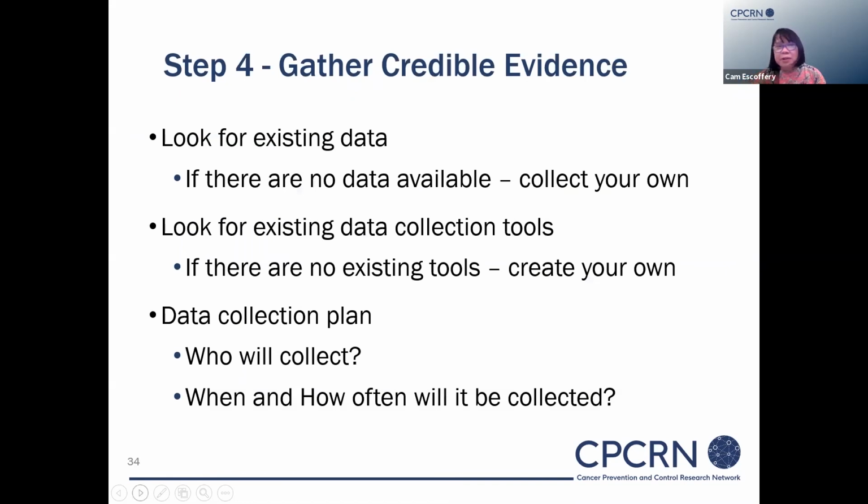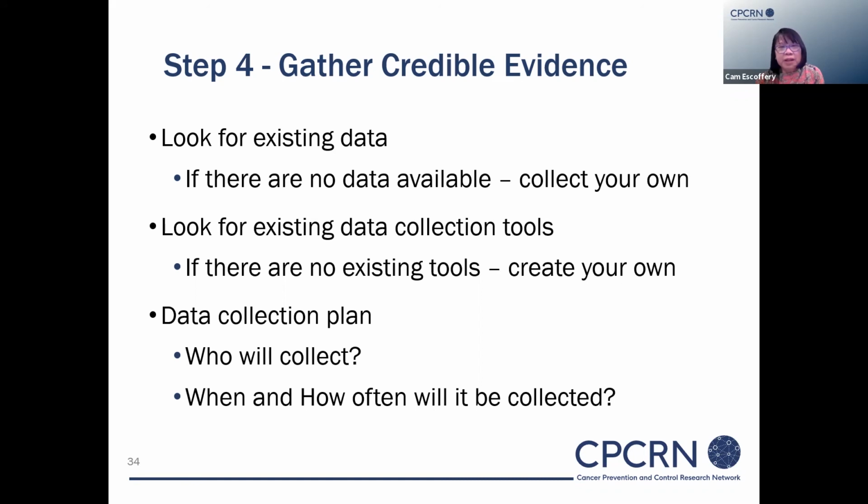One of the considerations for gathering credible evidence is making sure that you can find the indicators that you need for the evaluation. So these are some of the considerations. Do these data already exist? For example, do you already have them in some database or your medical records? If they do, you can make sure that they are part of the evaluation as the data source.